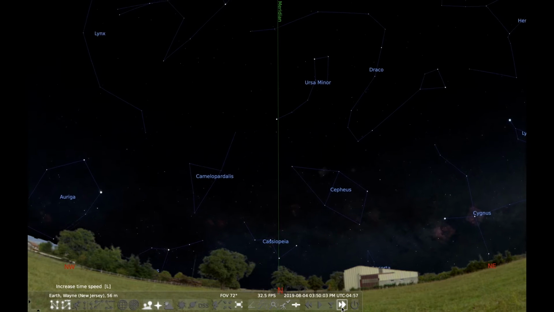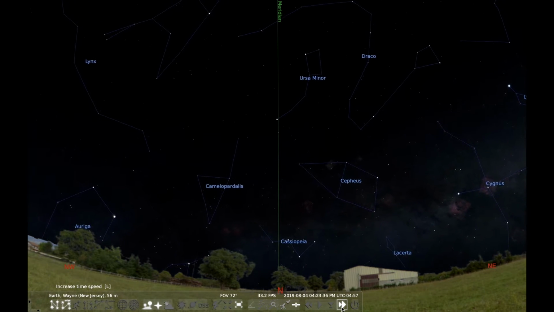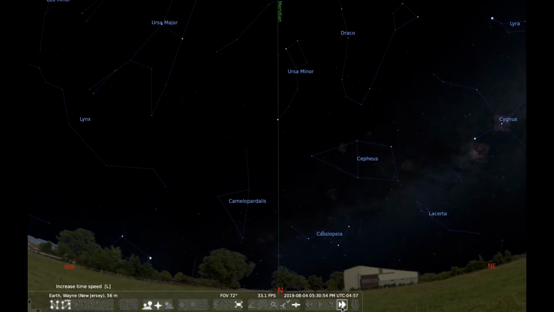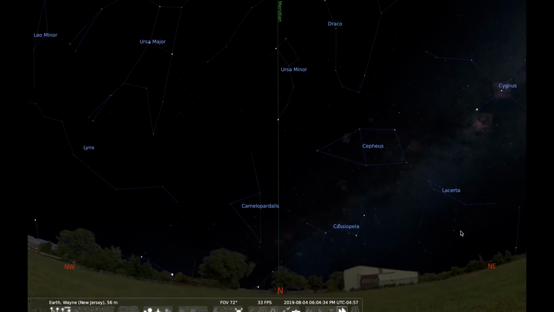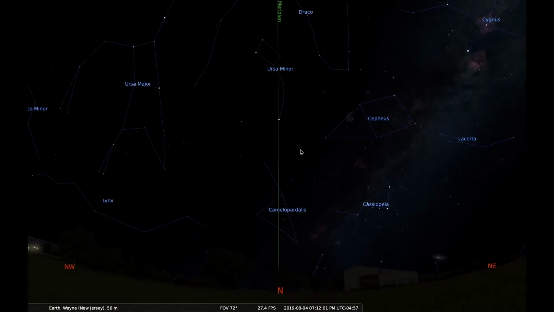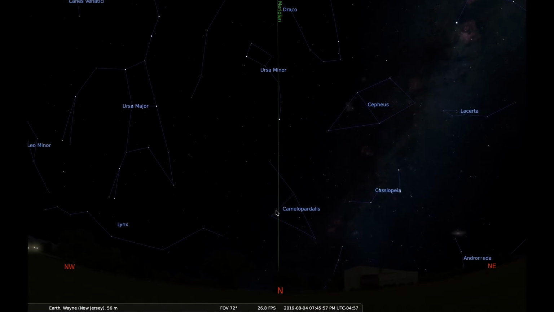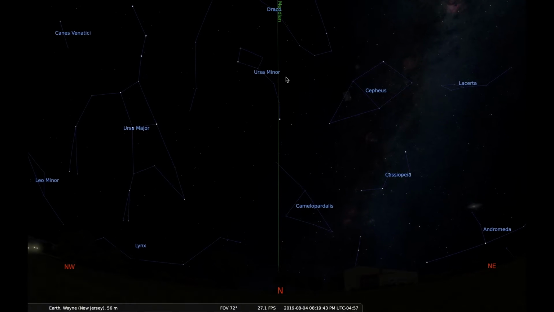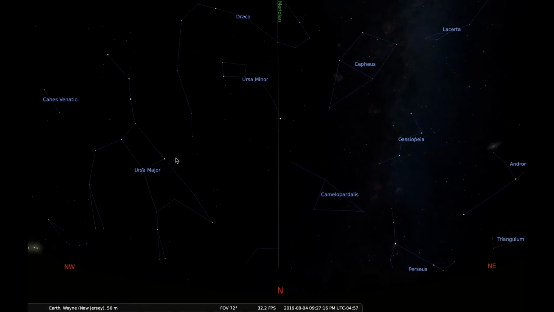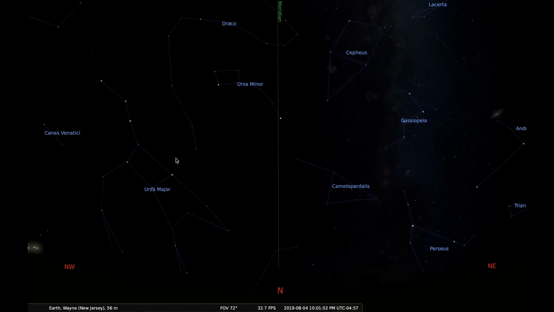Now notice I've sped up time, so about an hour is going by every few seconds. So we can see that as the stars rise in the east and set in the west, there are some stars that are pretty special, like all the stars of Camelopardalis, and the stars of Ursa Minor, and the stars of Cassiopeia, and the stars of Cepheus, and some of the stars of Ursa Major. They never set.